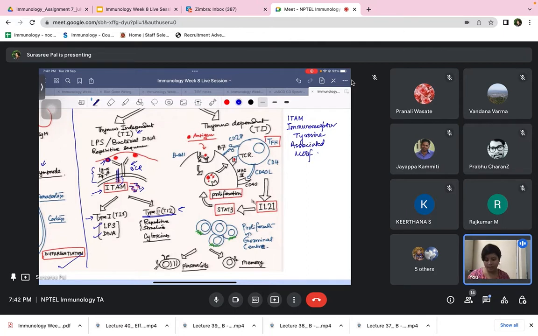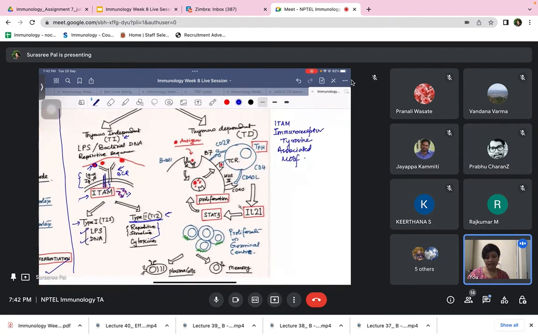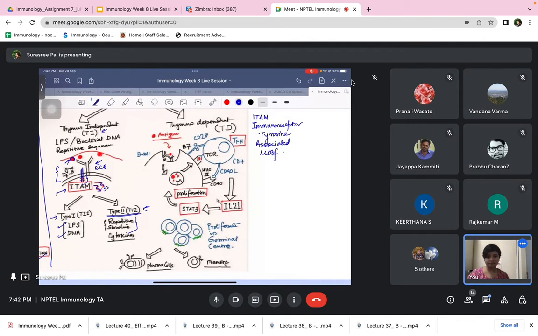And here there are some repetitive structures on the pathogen cell surface which are recognized directly by the B cell receptor, but in this case of activation there will be involvement of some cytokines which are secreted by the T cells, right? So this is the thymus independent process, and the thymus dependent process, you know, is called TD.